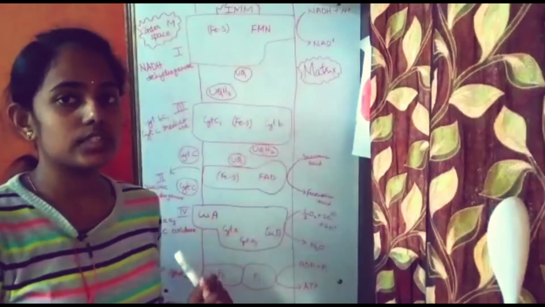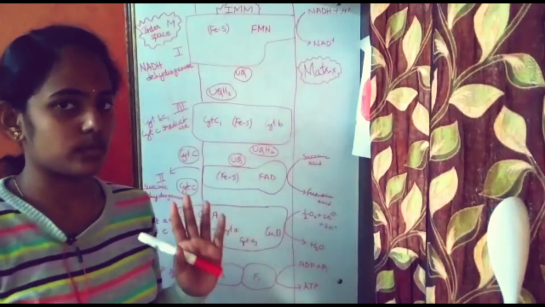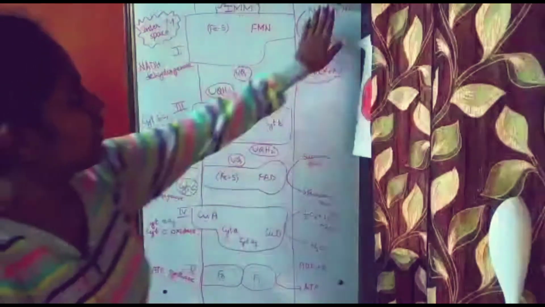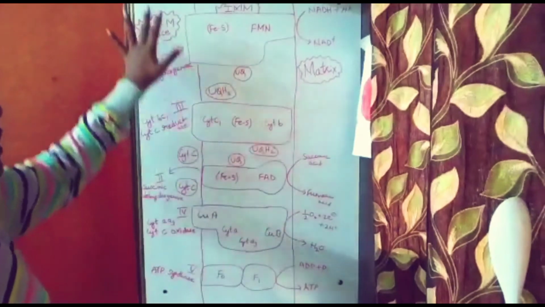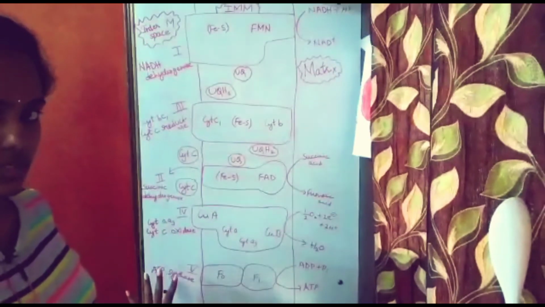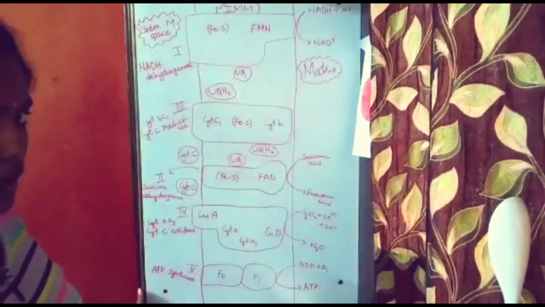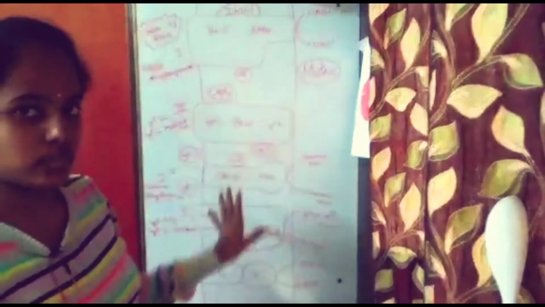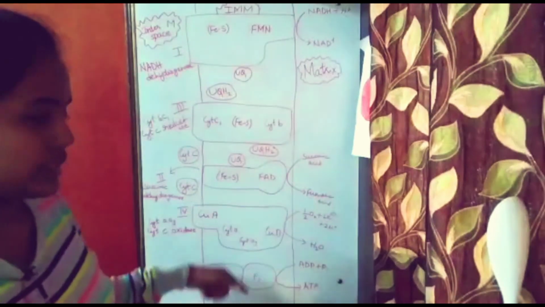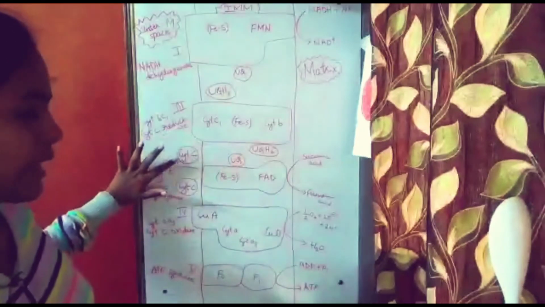So first we will see the components of the electron transport system. This is the matrix. This is the inner mitochondrial membrane. This is the intermitochondrial space. And here is the outer mitochondrial membrane and there's the cytoplasm. The electron transport system has 5 complexes and 2 mobile carriers.